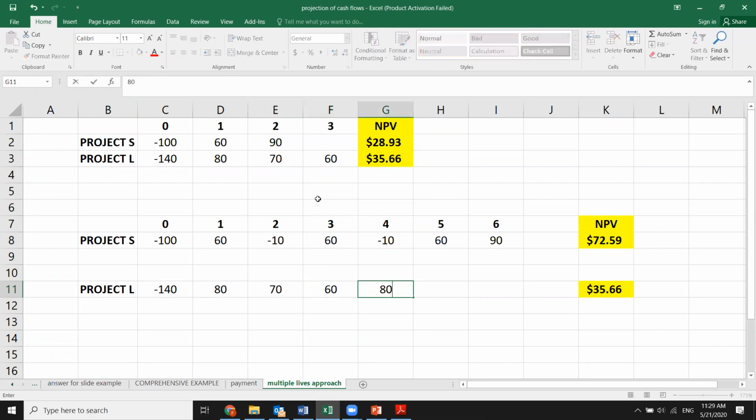Then 80, 70, 60. And now we need to add the investment cost. Look, 3 years here, and the investment cost should be in year 0. We are assuming this is year 0. So this is year 0, minus 140 plus 60. Did you get it?